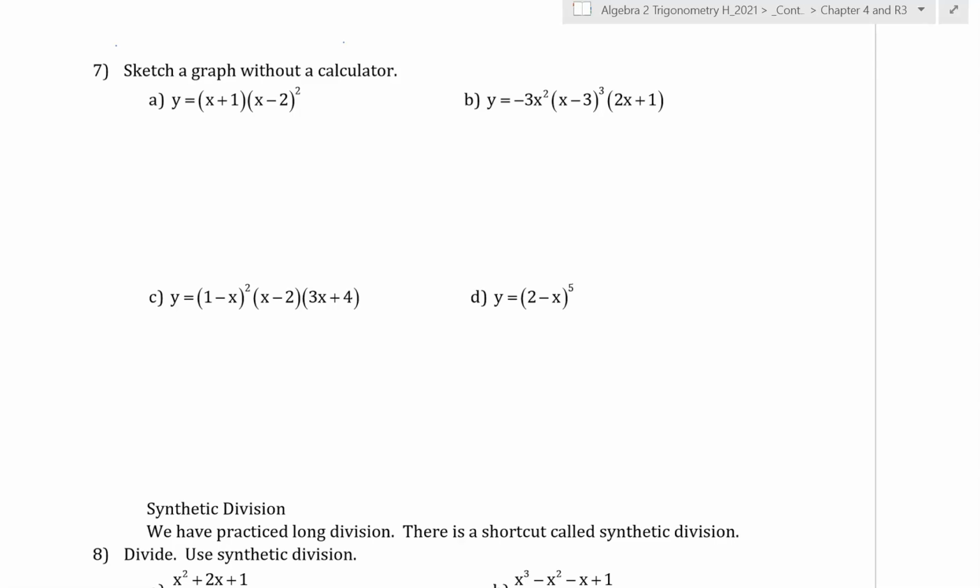Let's see if we can do it. Okay, so first of all, I like to call this bounce pass graphing. The first thing you're going to do is to consider the degree to get the end behavior.